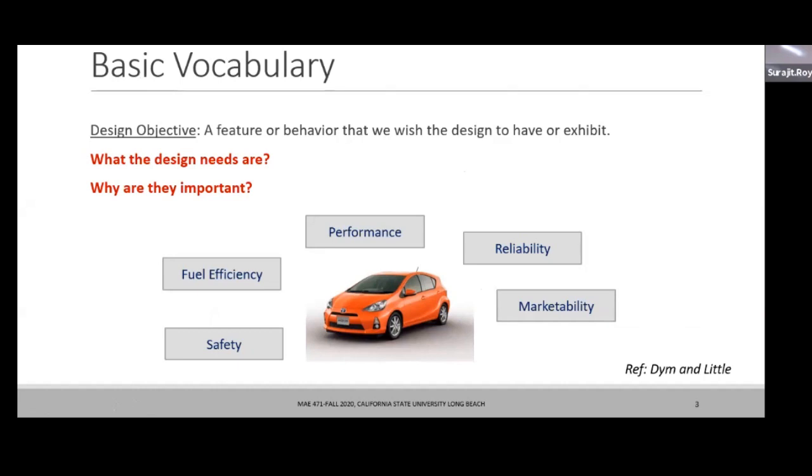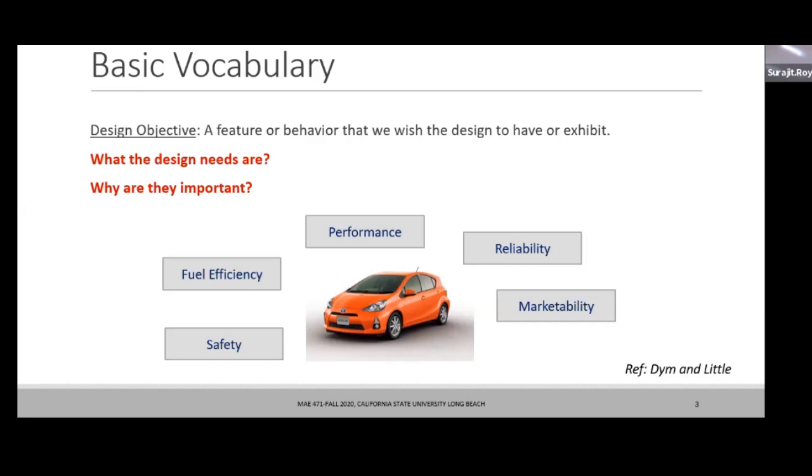Design objectives are nothing but the features or behaviors that we wish the design should have or exhibit. This comes from answering the questions: what are the design needs and why are they needed. Answering these gives you the important characteristics a design or a specific project idea should have, and why they are important. That will help you understand what the design objectives are.